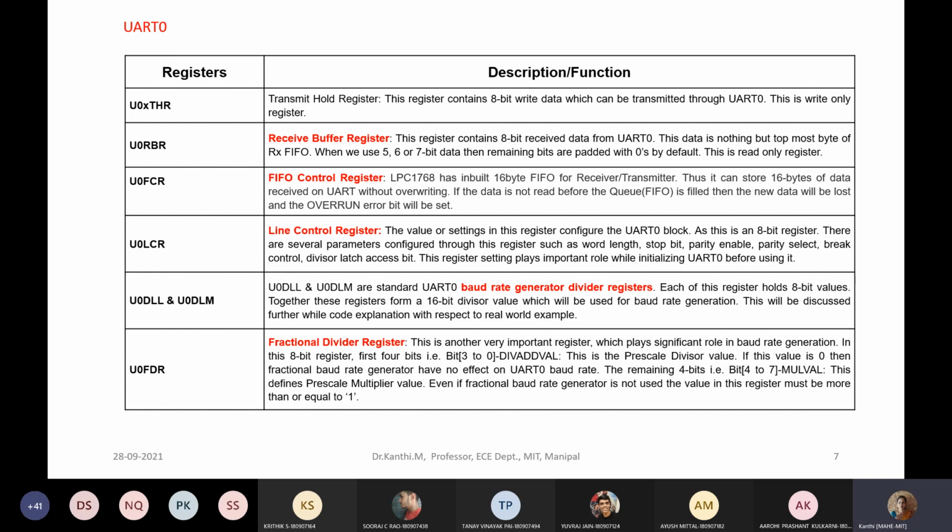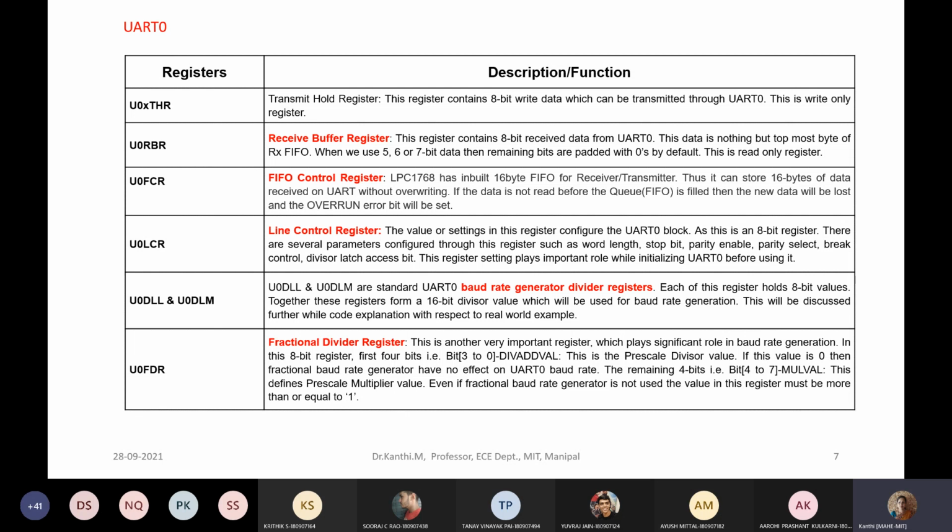The transmit hold register contains 8-bit write data. Please note that I'm giving this description for UART 0. The same thing holds good for UART 1, 2, 3, etc. That's the reason we have given UART 0.